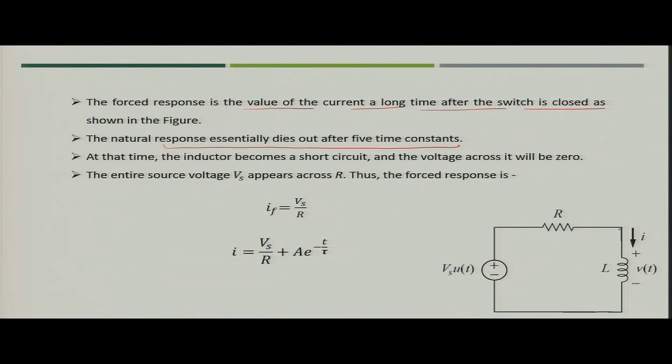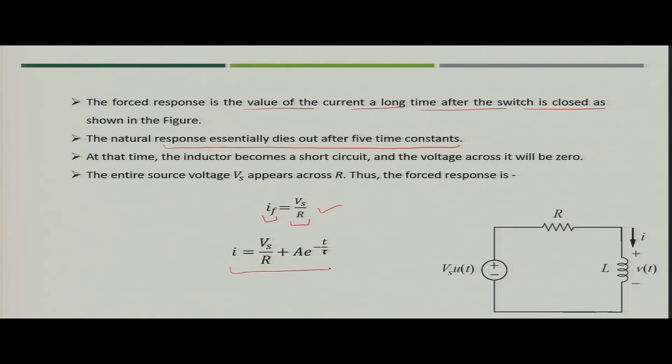At steady state, that is time t tends to infinity, the inductor will act as a short circuit. In that case the forced response IF is nothing but Vs divided by the resistance R, so IF is Vs by R.